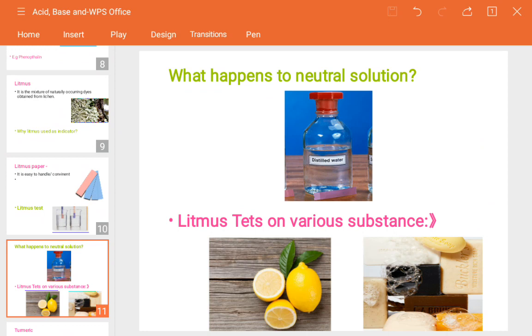If you wanted to check a sugar solution, you dissolve sugar in a glass, then take any strip, red or blue litmus, and dip it.